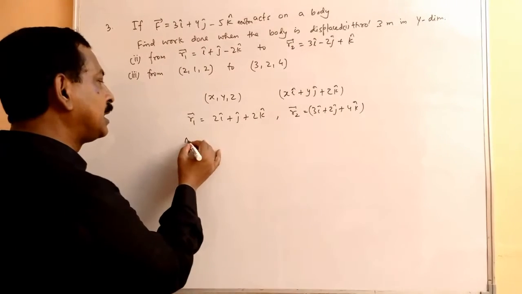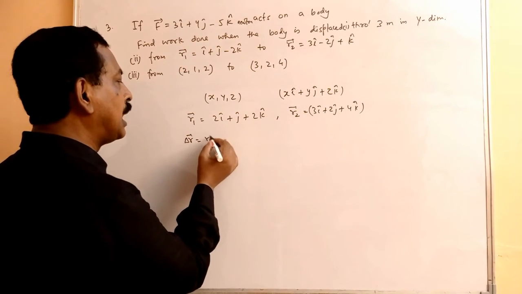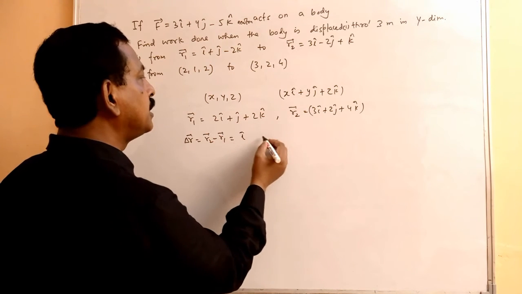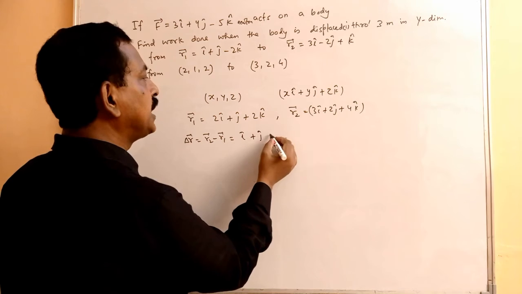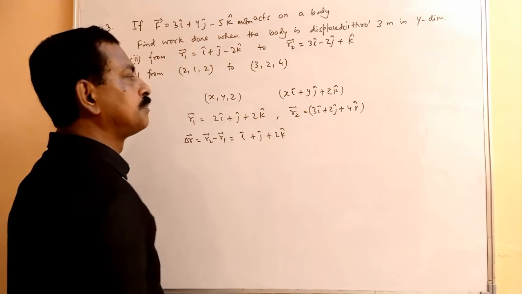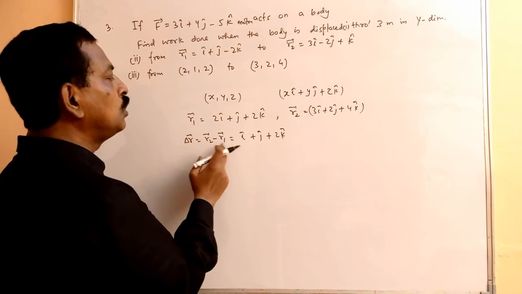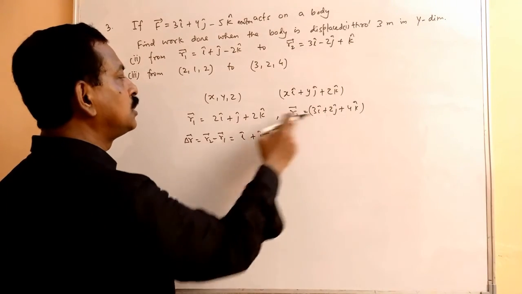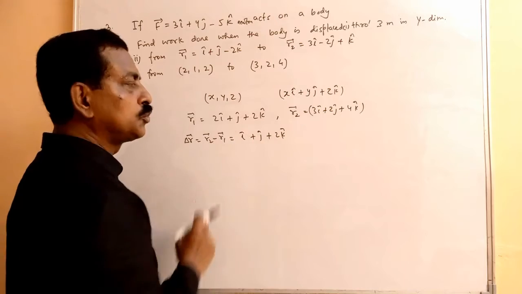It means delta R will be R2 minus R1 vector, and that will be equal to i plus j plus 2k. Simply take R2 minus R1. So it is 3 minus 2, that is 1 here, 2 minus 1, 4 minus 2.